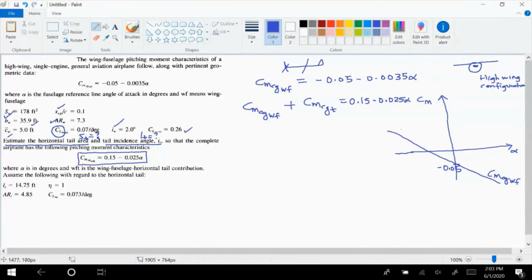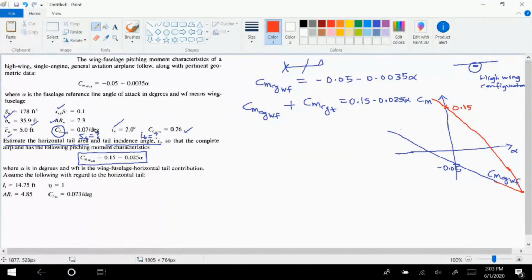So if you sketch it, then let's see. When alpha equals 0, you get a positive 0.15, right? So let's say this is your 0.15, and then it's a negative slope, and you can see that it's a steeper slope, right? So maybe these two will intersect somewhere. Okay, anyways, that intersection is not important.